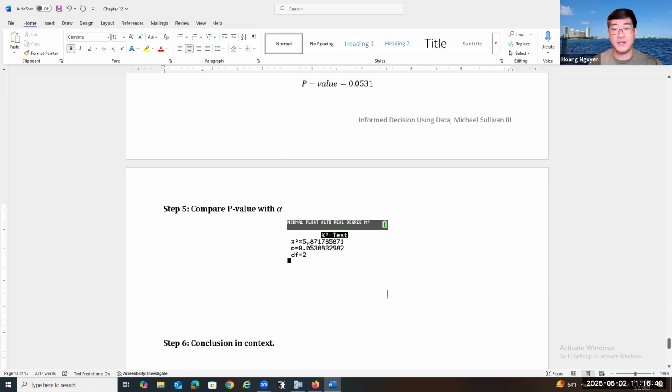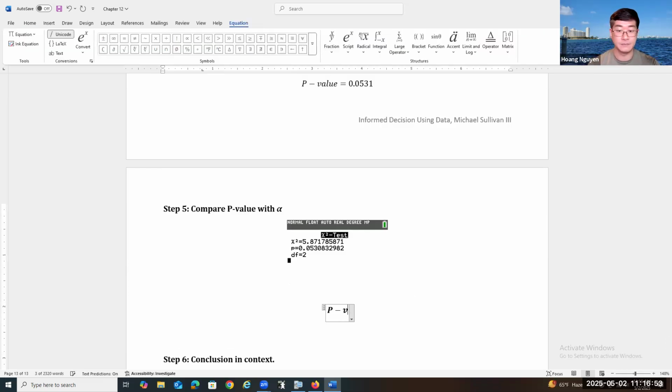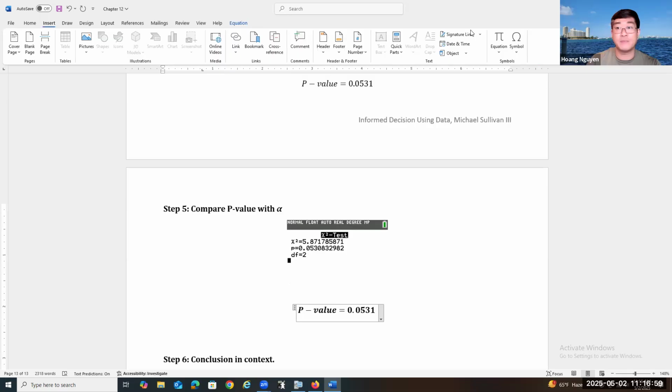We have the test statistic is 5.8718, and the p-value is 0.0531. Now we're going to compare the p-value and alpha. So p-value is equal to 0.0531, and alpha from step number 2, we know alpha is equal to 0.05.